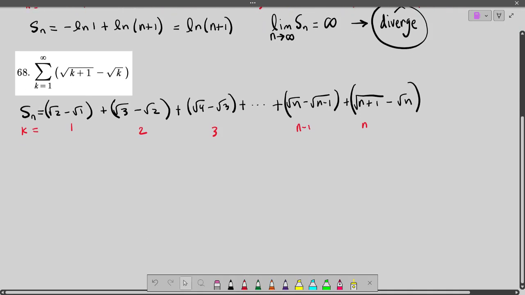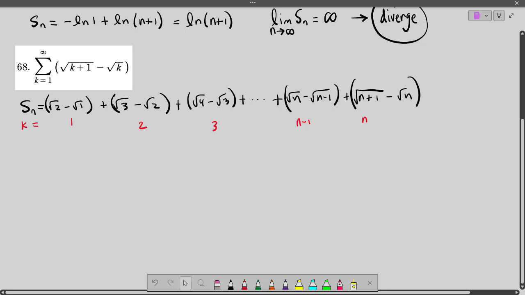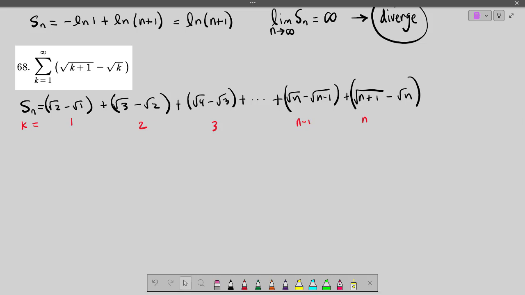All right, so we have that. So the pattern is very similar to the last one. We see that the first part cancels with the second part of the next. This square root of 4 is going to cancel with something inside here.